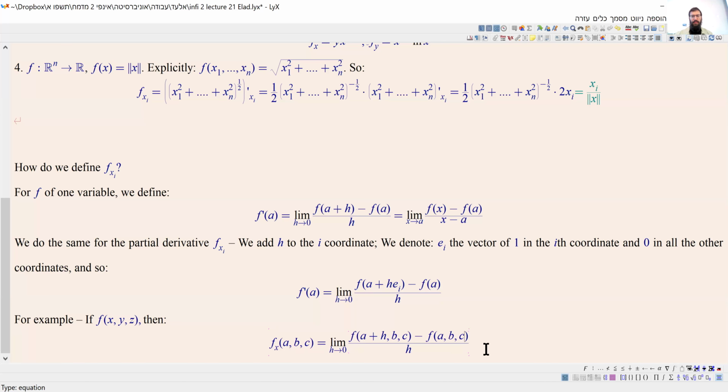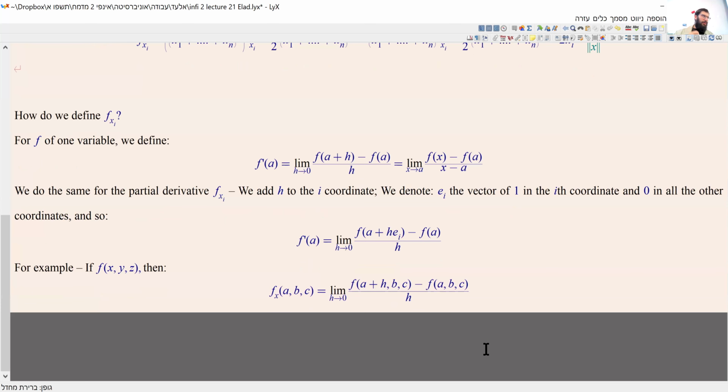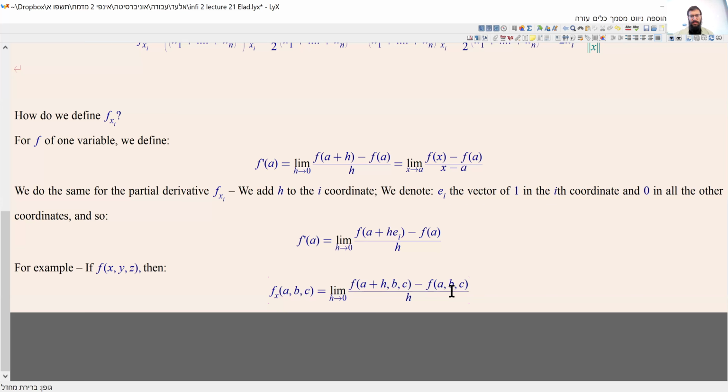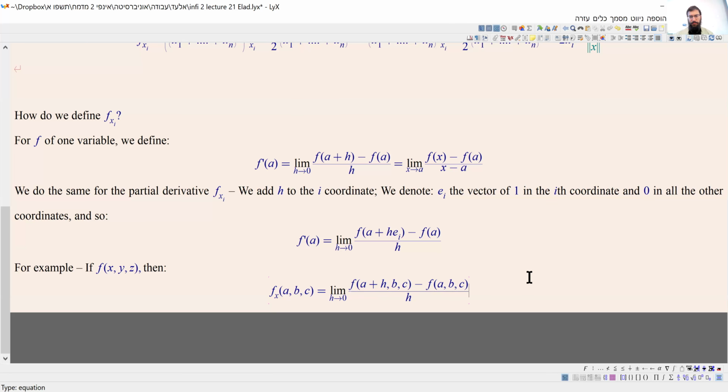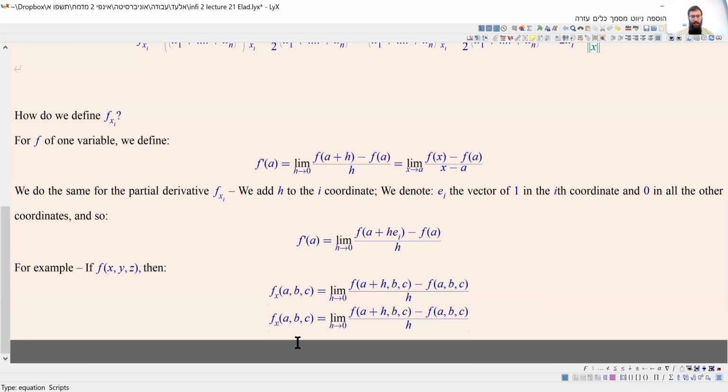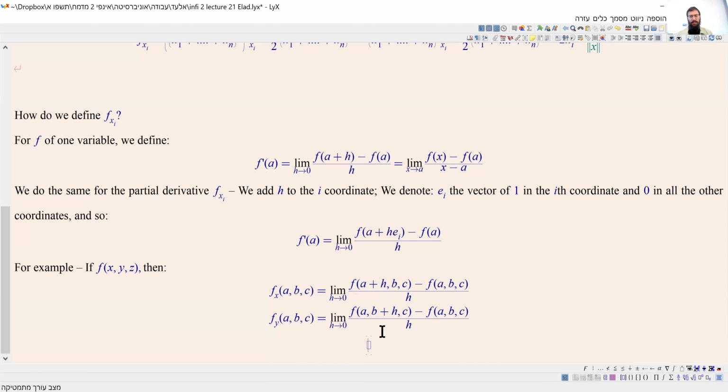We add the h in the first coordinate corresponding to x. And we can say the same for f_y. We add the little h to the second coordinate. And same goes for f_z. We add the little h to the third coordinate.